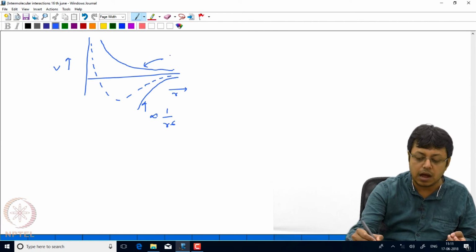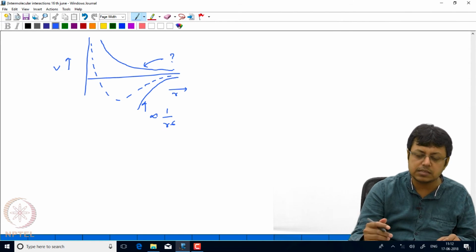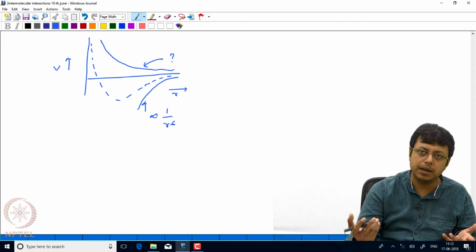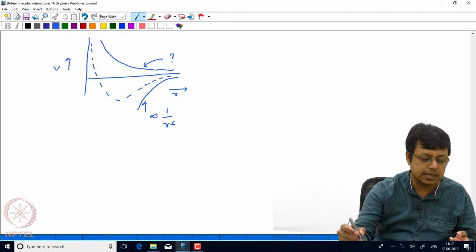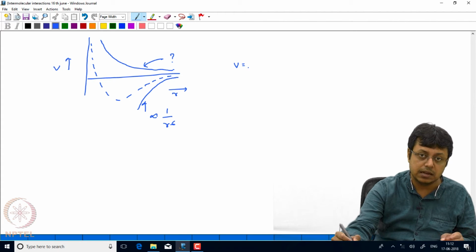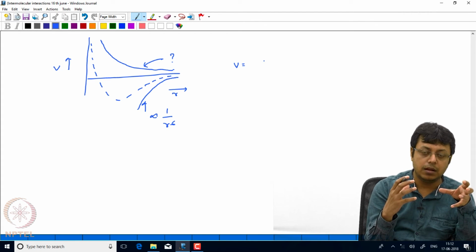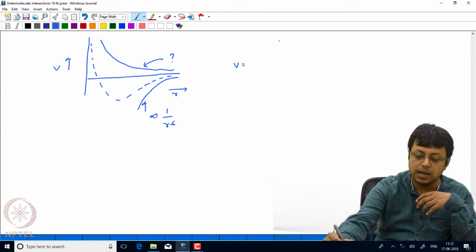Now, the question is how do you model this repulsive interaction? There have been many models. At the very bare minimum we can think of these as hard spheres, which is something inherent in the Van der Waals equation of state, because we talked about a molecular volume for 1 mole and excluded that volume.